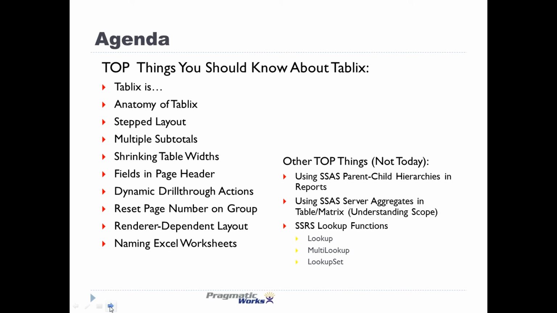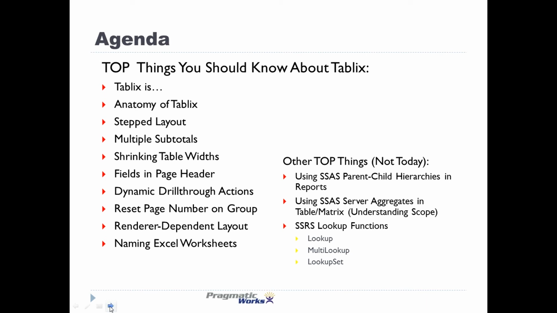Those things would include parent-child hierarchies from Analysis Services, the use of the actual defined server aggregates from the cubes in Analysis Services versus aggregating within Reporting Services, and the new lookup functions that allow data sets to communicate or retrieve values from other data sets in Reporting Services.